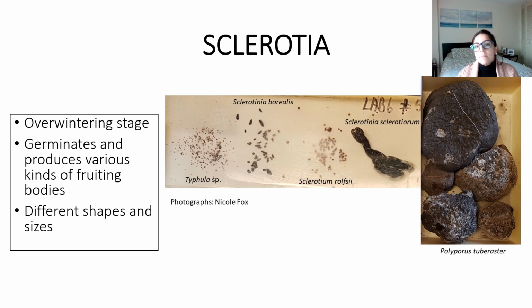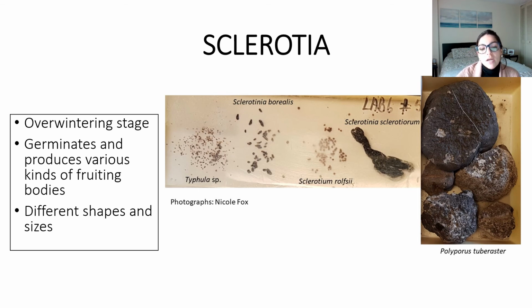And finally, as you can see, we've gone through different fungi, and we've seen that they produce overwintering structures, which are the sclerotia. When they germinate, they usually produce different kinds of fruiting bodies. It's very important to note that the sclerotia can be of different shapes and sizes.